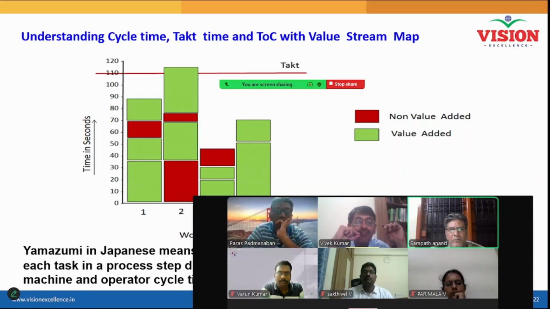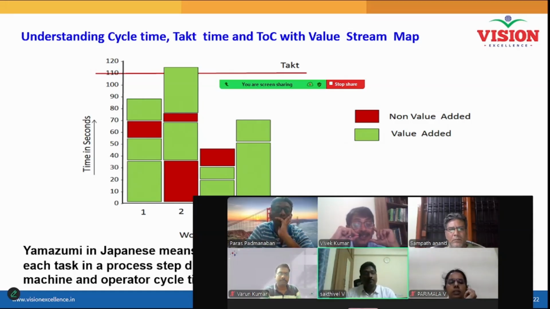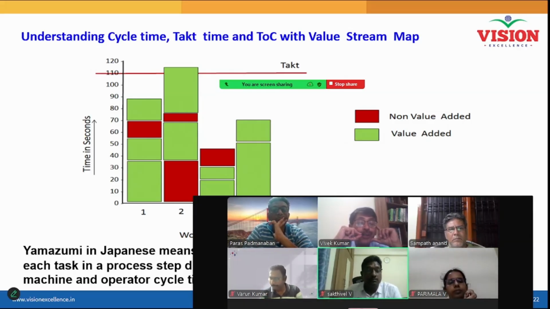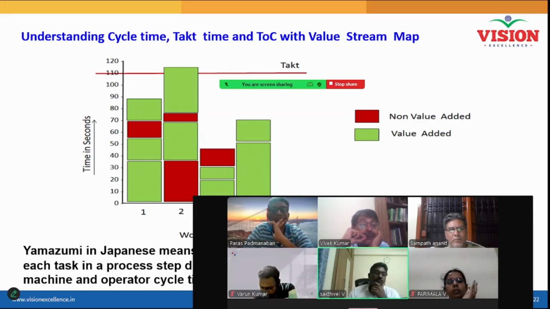processes. Maintenance is value adding or non-value adding? Please tell me. Non-value adding. Yes, breakdown maintenance is non-value adding. Now please tell me, what is your take on changeover? Value adding or non-value adding? Or value enabling?